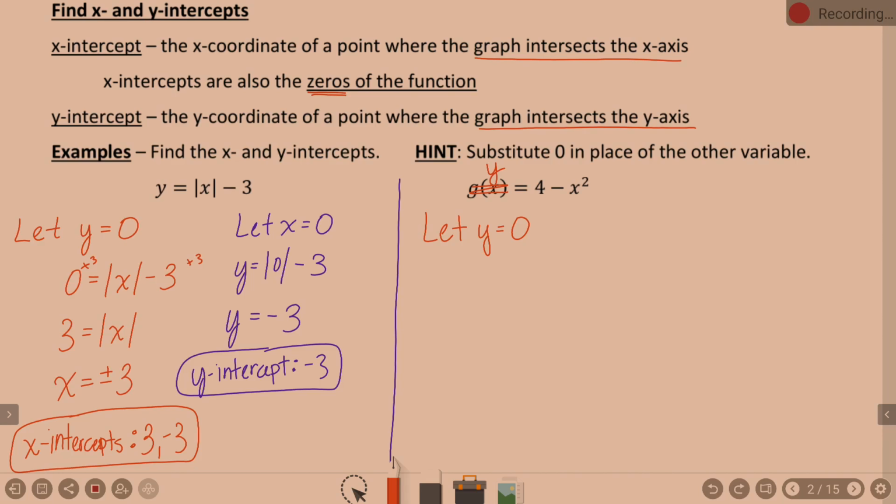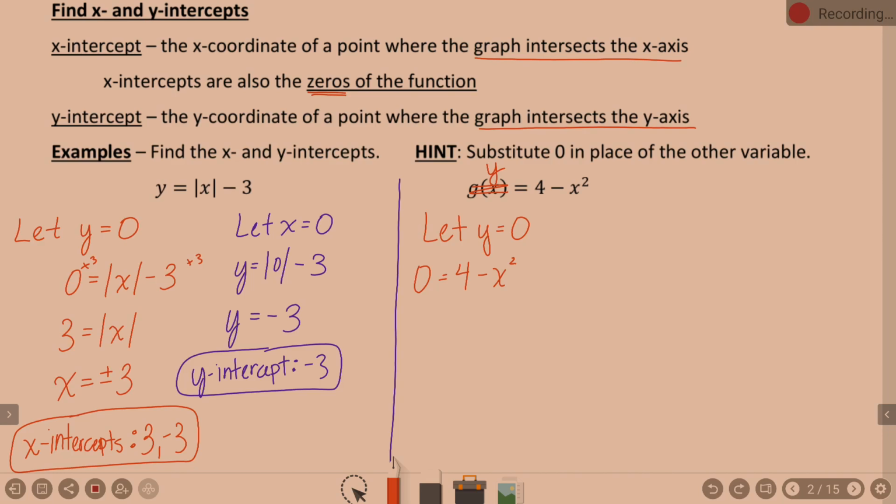So that equation is y equals 4 minus x squared. Are you good now? Can we put 0 in for y? Sure can. 0 equals 4 minus x squared. How would you like to start solving this for x?